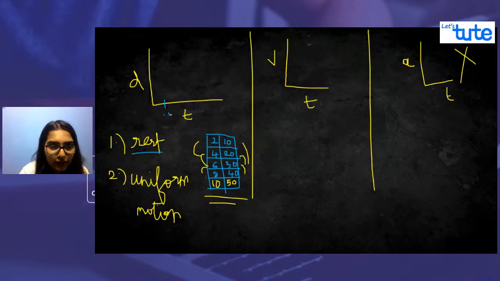On the time axis: 10, 20, 30, 40, and lastly 50. And on the distance axis: 2, 4, 6, 8, 10.